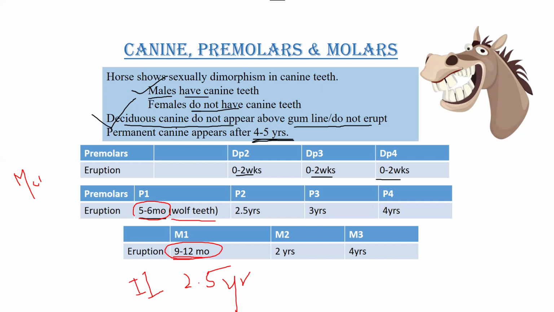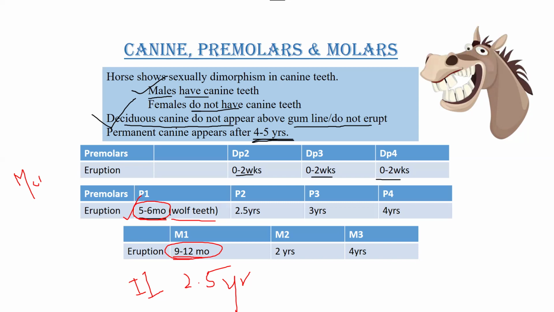But you can see that the first premolars in horses are wolf teeth. And we know that wolf teeth are vestigial teeth. They do not have any function. So we say that among the normally functioning teeth, the first permanent tooth erupts at 9 to 12 months. But still, if you get an MCQ on the board exam, and it also mentions the premolar or the date of the wolf teeth, you will tick the wolf teeth. But you should remember it's a vestigial tooth, and normally they might not ask you about this.